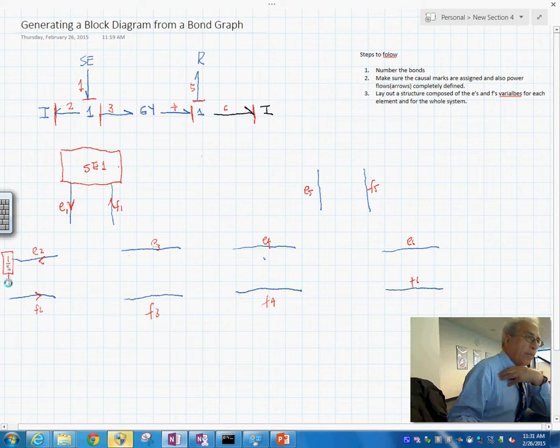and from here you do the gain here, that it would be multiplied by what?